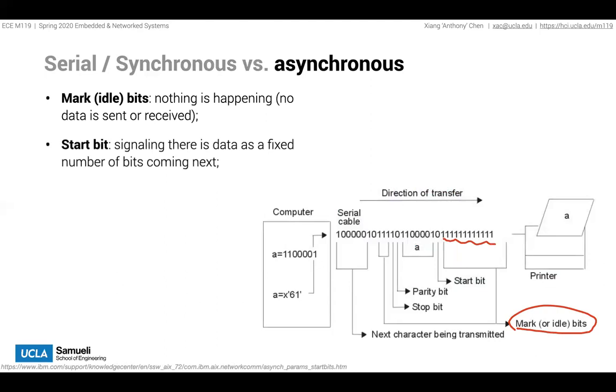Then the start bit signals that there is data, and there is an agreement that after the start bit, I should be looking for a certain fixed number of bits that come next, which meaningfully indicate some information. Back to this example, 0 is the start bit. After a bunch of ones, if the receiver sees a 0, that means I'm going to start reading data after that.